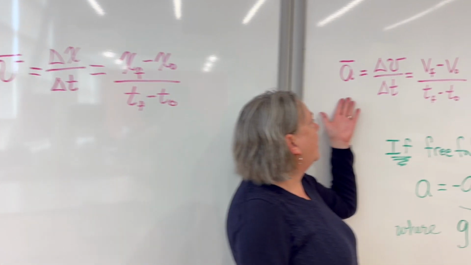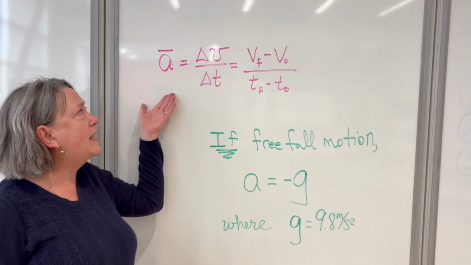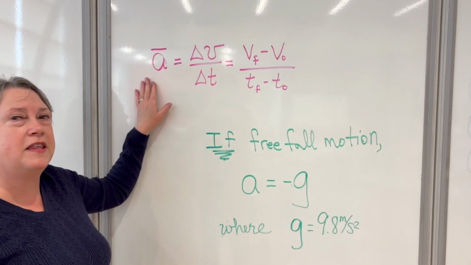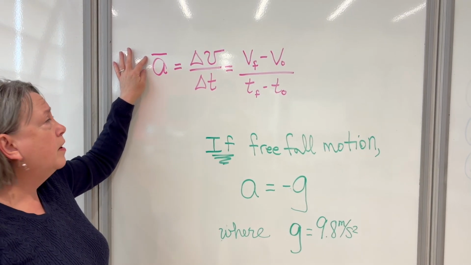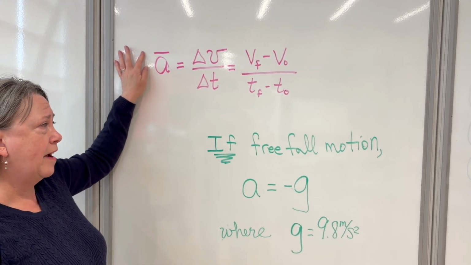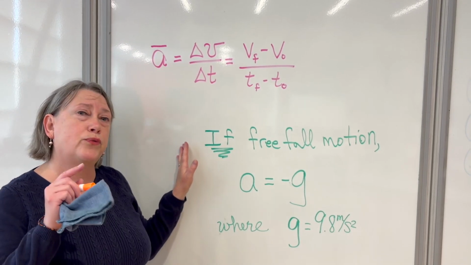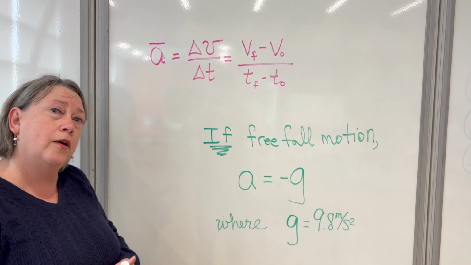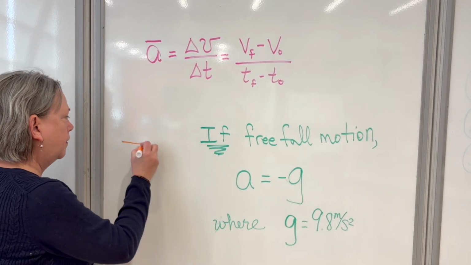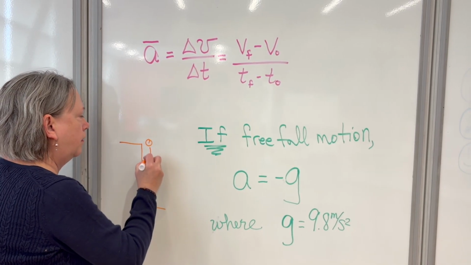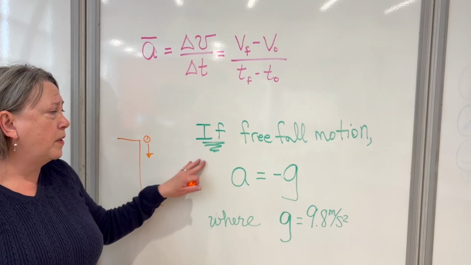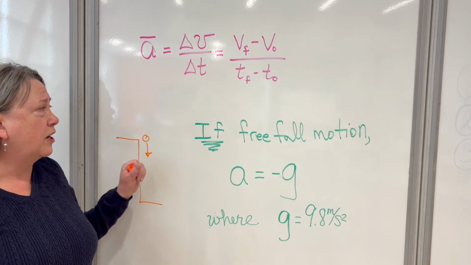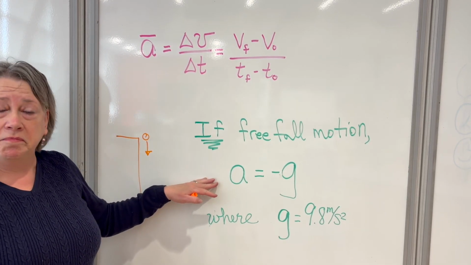If I have a change in velocity divided by change in time, that gives me the average acceleration. Again, the bar over the top is signaling that it's an average. If we're dealing with free fall motion, like a ball falling through the air, then the acceleration is gravity.